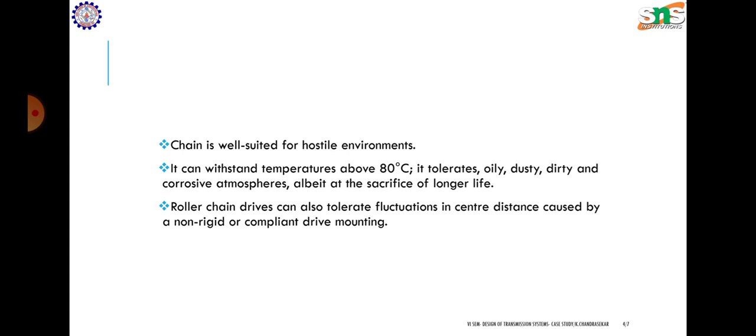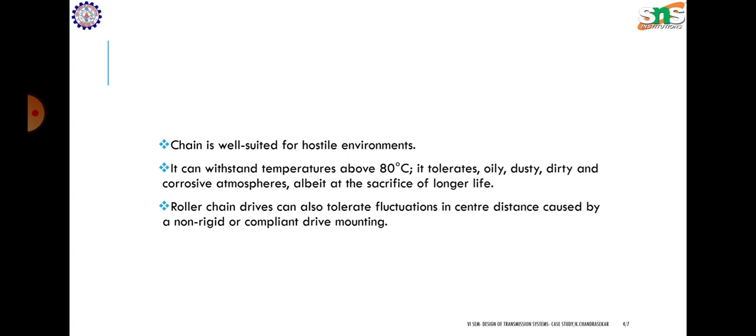If you use a normal belt drive, then we can transfer the power, but in a hostile environment, when the temperature is high, the belt will fail or get damaged.